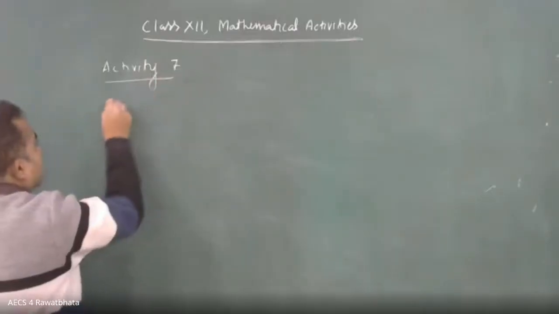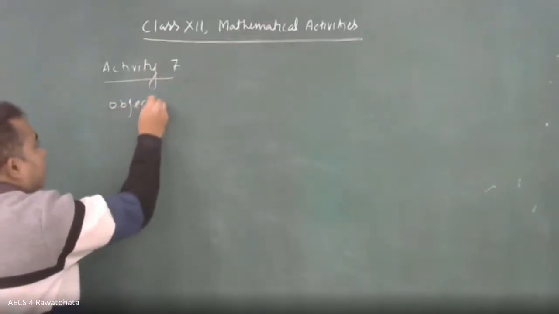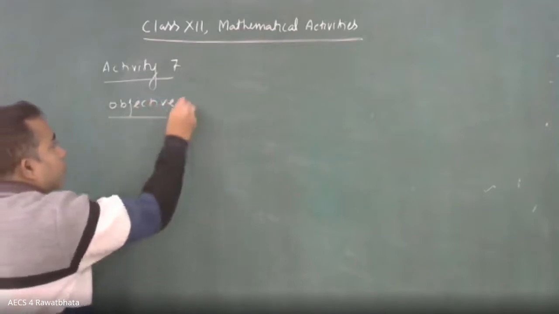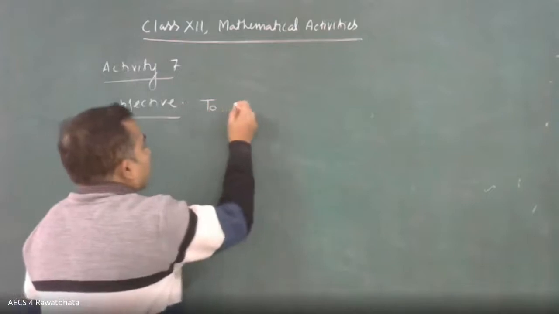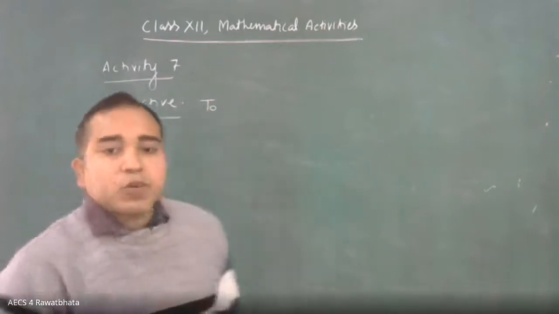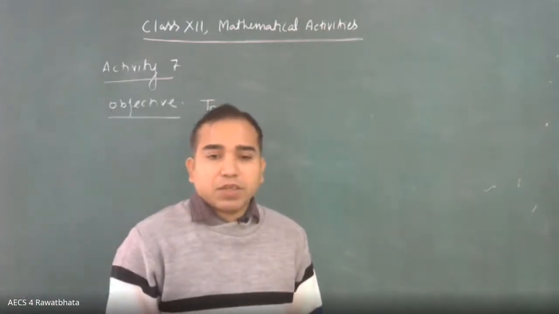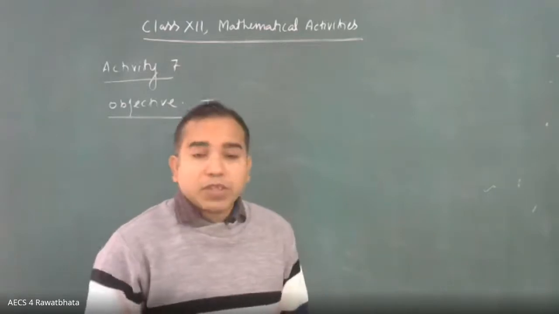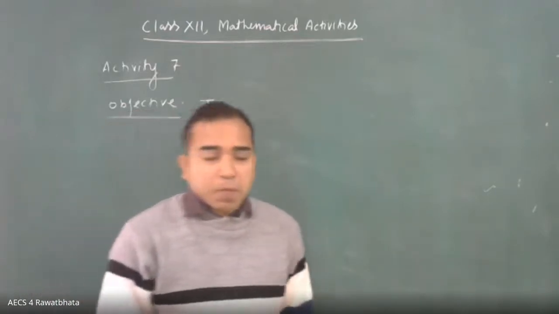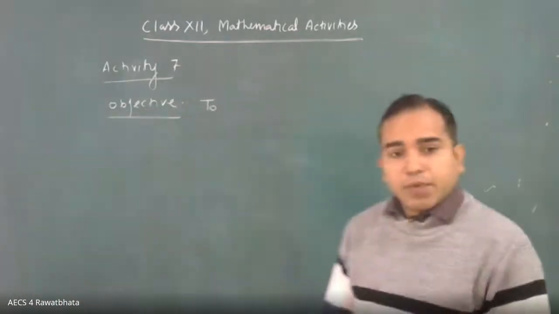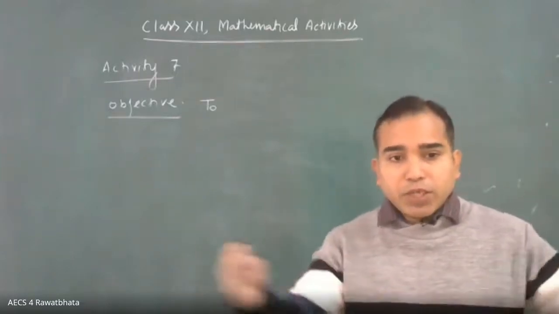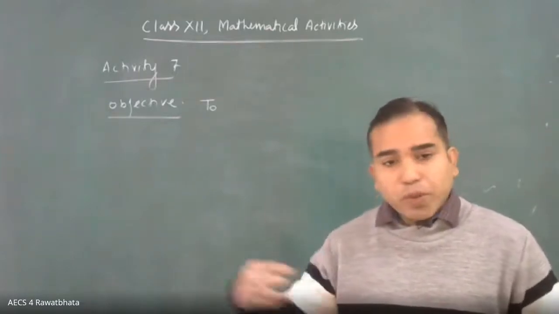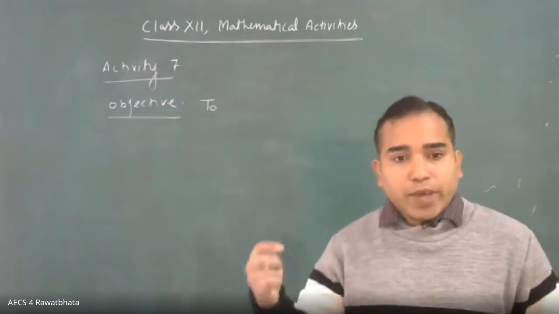Activity 7. Its objective is related to a question given in the NCERT book. If you remember, in chapter 6, Application of Derivatives, one question is there: an open box is constructed from a plain sheet by chopping off the corners in a square shape.